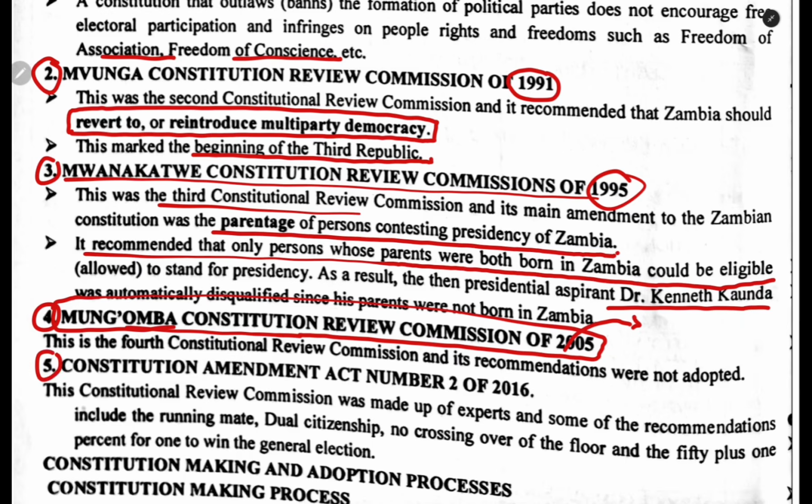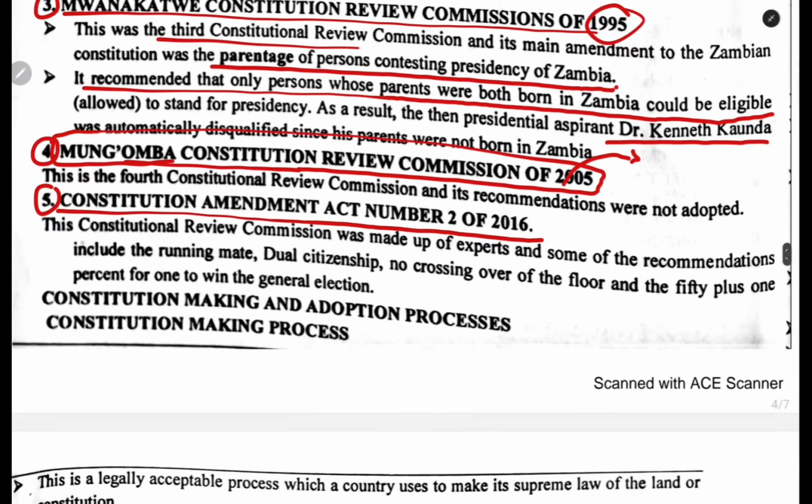Then we have the fifth one, which is the Constitution Amendment Act number 2 of 2016. This is the latest Constitution Review Commission that we had. And this Constitution Review Commission was made up of experts. This is the reason why it was not named after any other person.